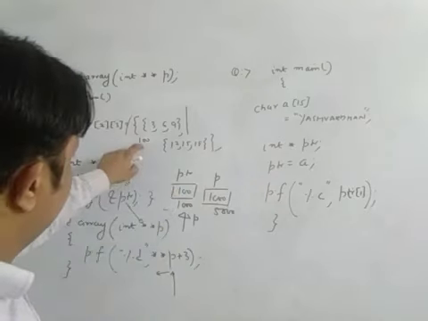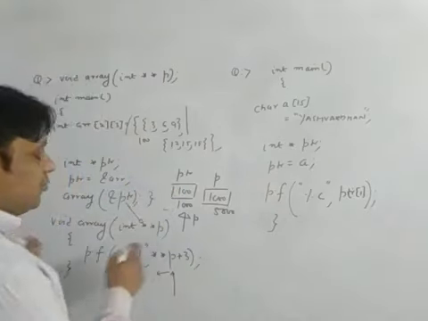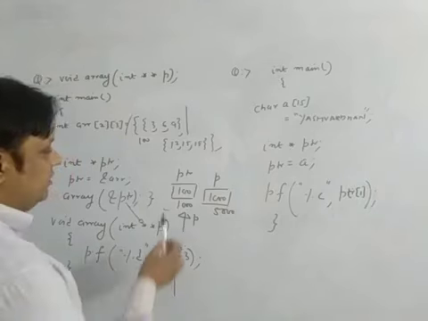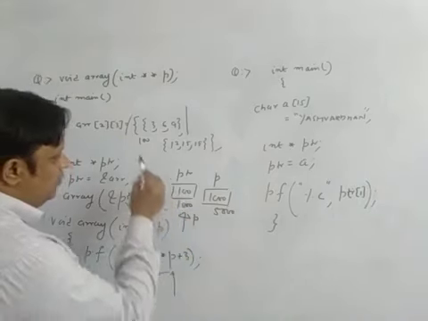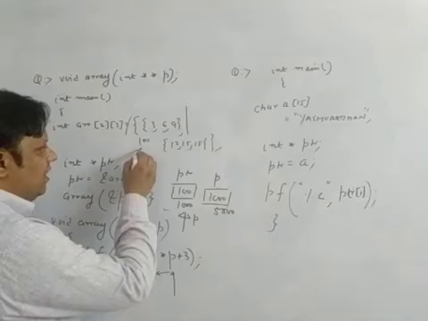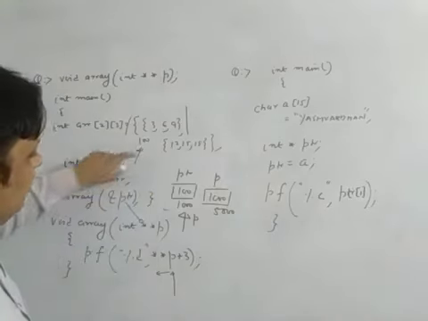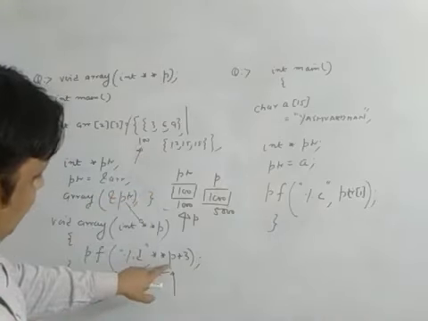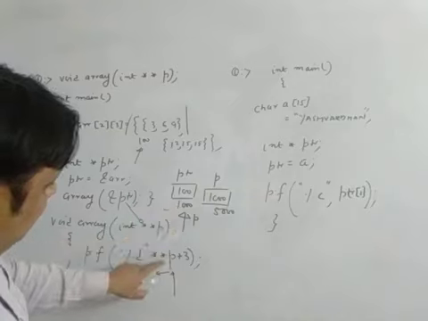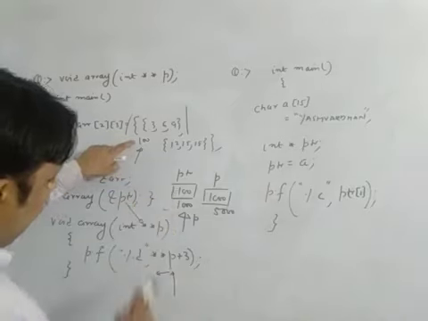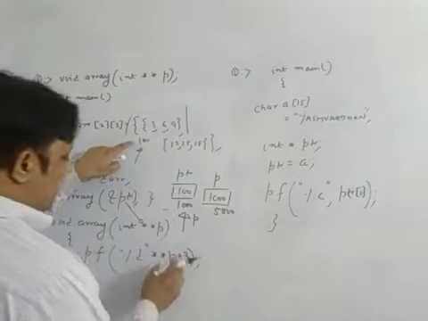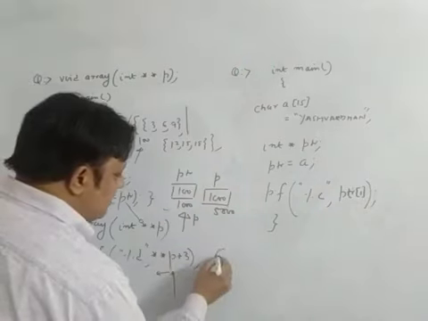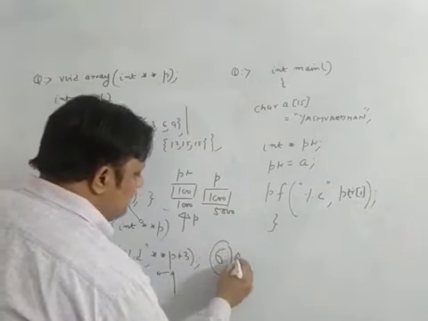And star of 100 is 3. See, this is a pointer, this is not an array. The pointer is pointing at 100, this is your ptr. This p is pointing at 1000. Star of p is 100, and star of this 100 is 3. And 3 plus 3 is 6. So the answer is 6 only.